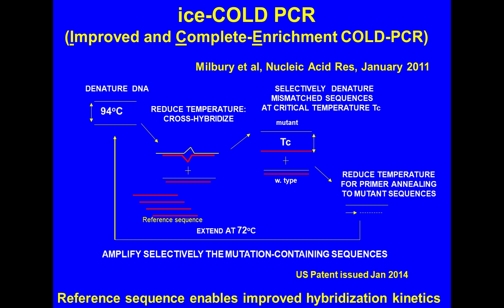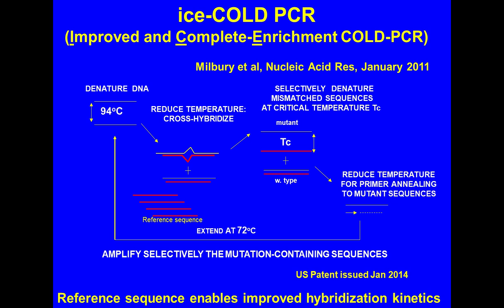What you want is that in early PCR cycles, since it has a high concentration, it will offer wild type template to bind with your few mutant molecules.